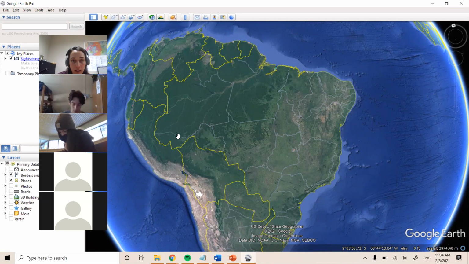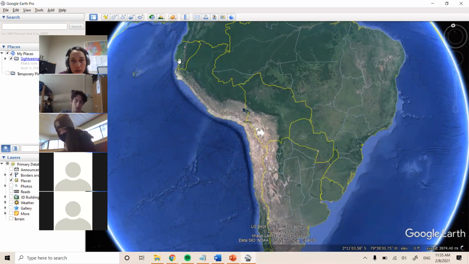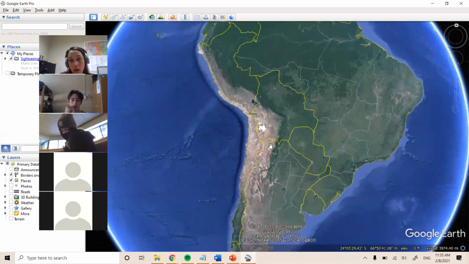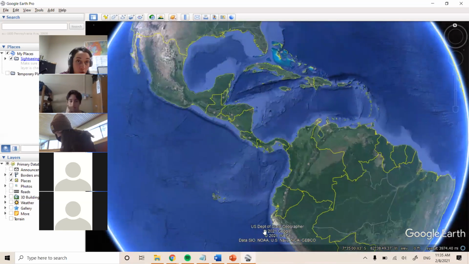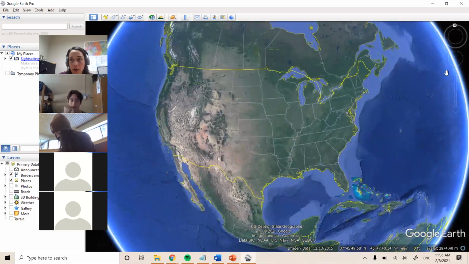So here we've got the Amazon. What about over here? Do you guys know of any super long rivers over here? No, you shouldn't, right? All of these rivers come straight from the Andes. They're relatively short, and they don't have enough time to collect a lot of sediment.